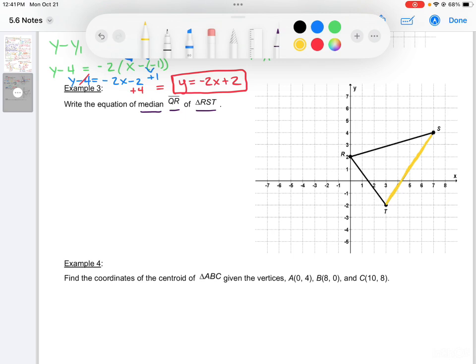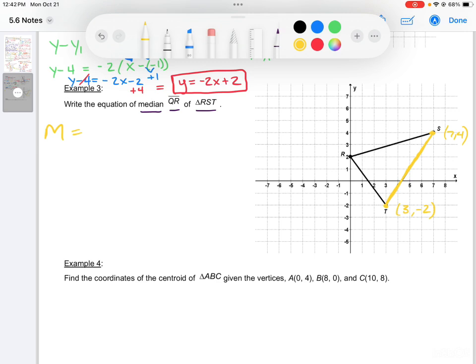All right, we're looking for the midpoint of ST. We can find S's coordinates, it's at 7, 4, and T's coordinates, it's at 3, negative 2.